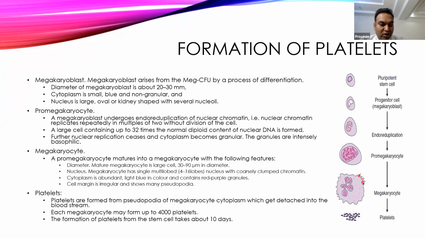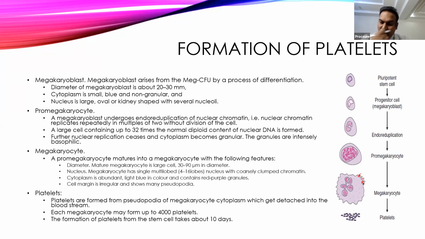These multiple pseudopods get trapped into the tubercules of the bone marrow, the small honeycomb-like tubercules in the bone marrow, and in those tubercules these pseudopods form. They start separating from the megakaryocytes, form platelets, and these platelets are released into the blood.